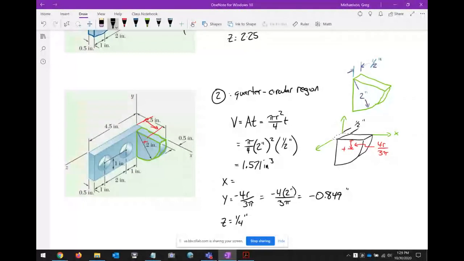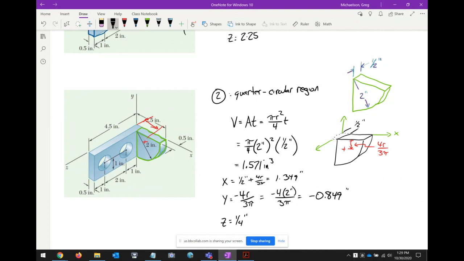So yeah, this is probably the hardest part, just the bookkeeping. So it's half an inch plus 4r over 3 pi, and so it's 1.349.